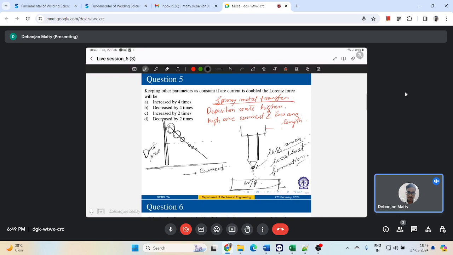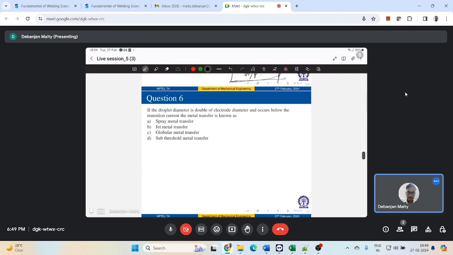And if you are increasing current more and more, you will end up with this rotating spray metal transfer.